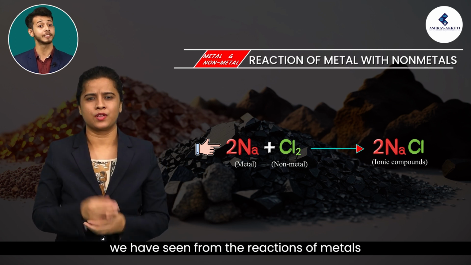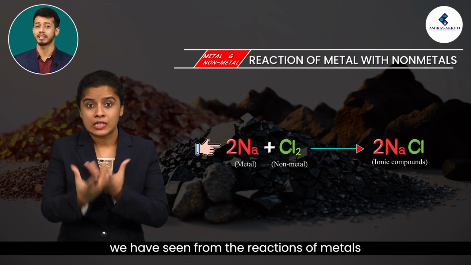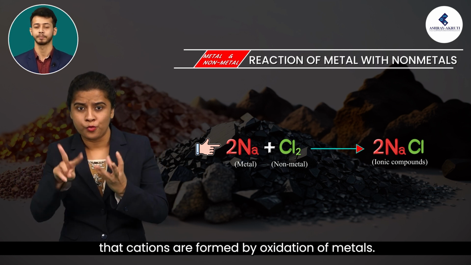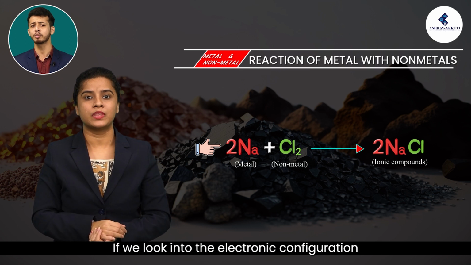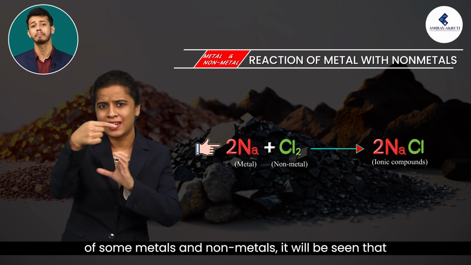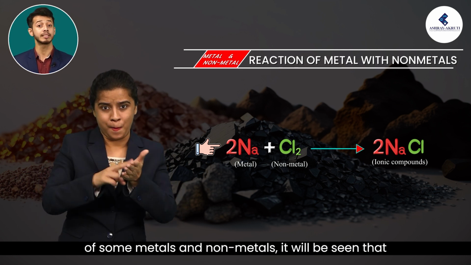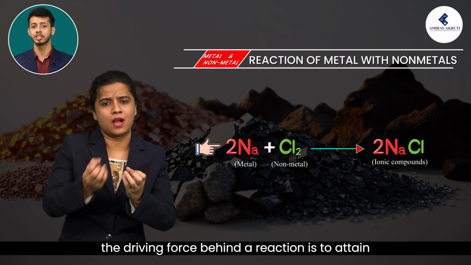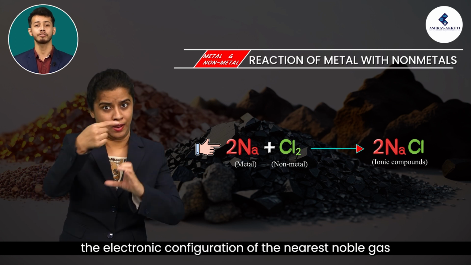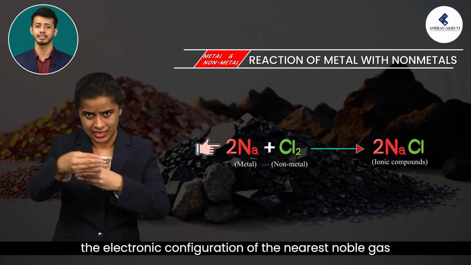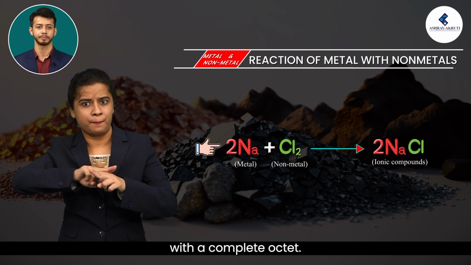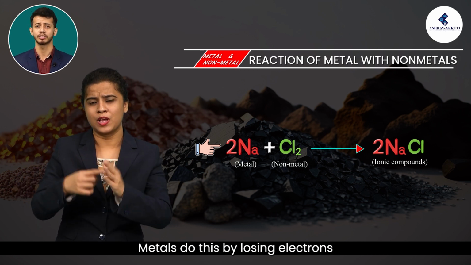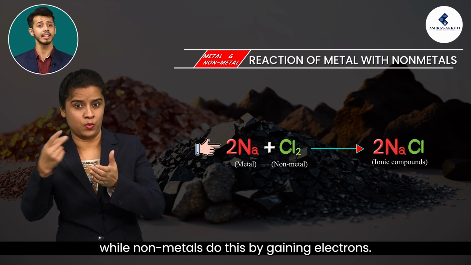So far, we have seen from the reactions of metals that cations are formed by oxidation of metals. If we look into the electronic configuration of some metals and non-metals, it will be seen that the driving force behind a reaction is to attain the electronic configuration of the nearest noble gas with a complete octet. Metals do this by losing electrons, while non-metals do this by gaining electrons.